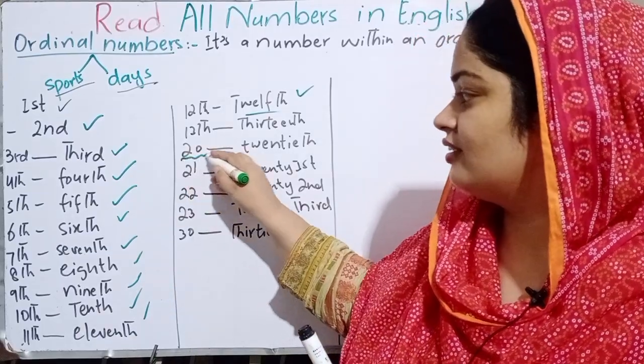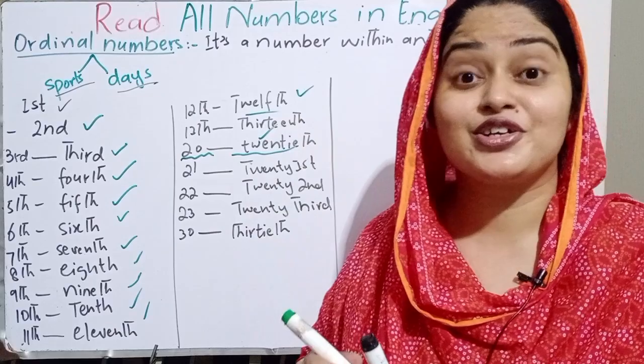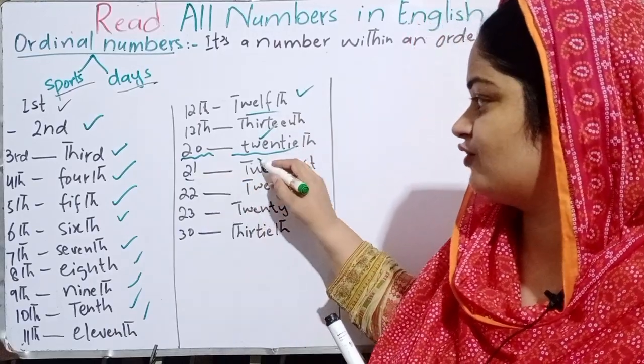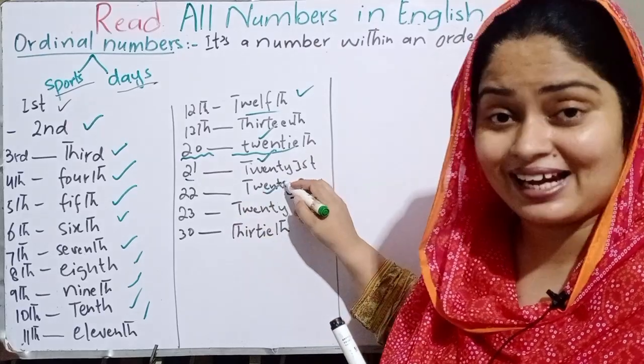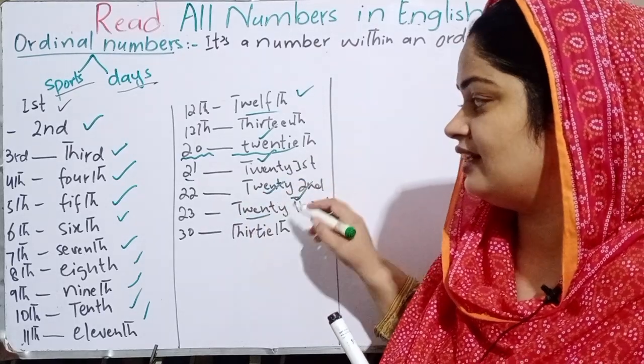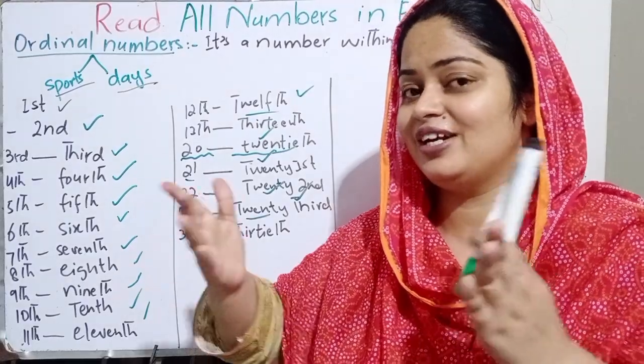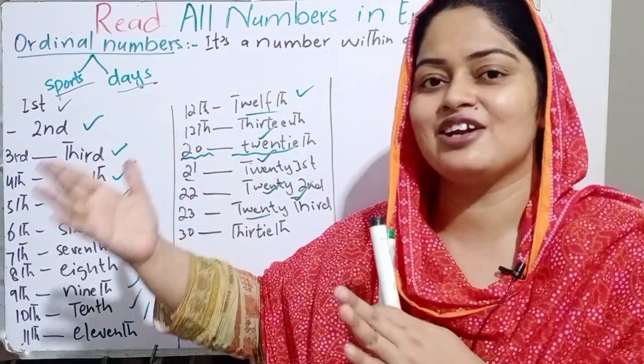And now 20th, again we are repeating, 21st, 22nd, 23rd, 24th, 25th, 26th, 27th, and so on.